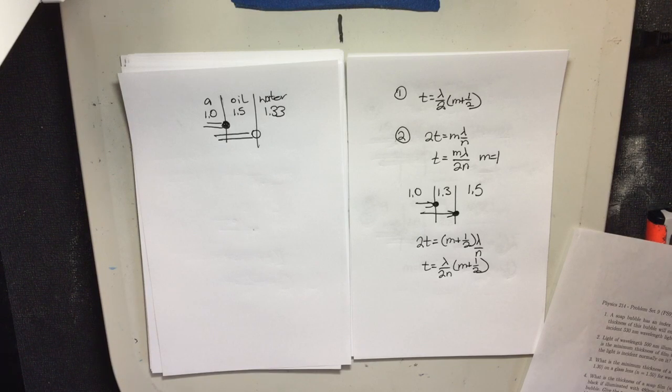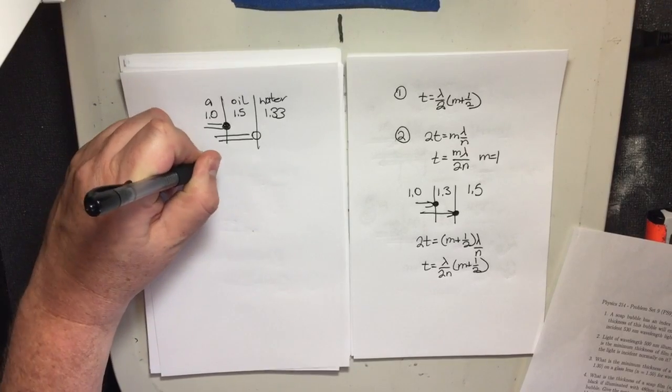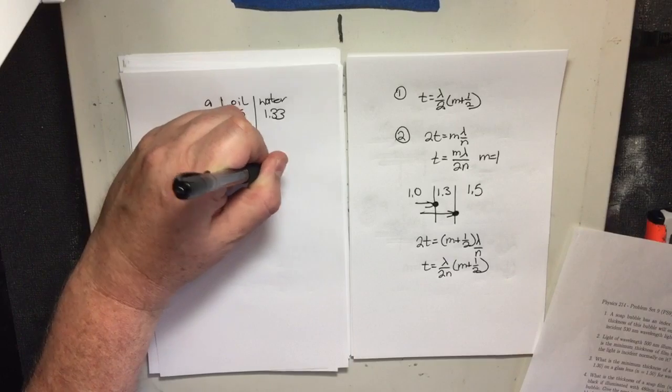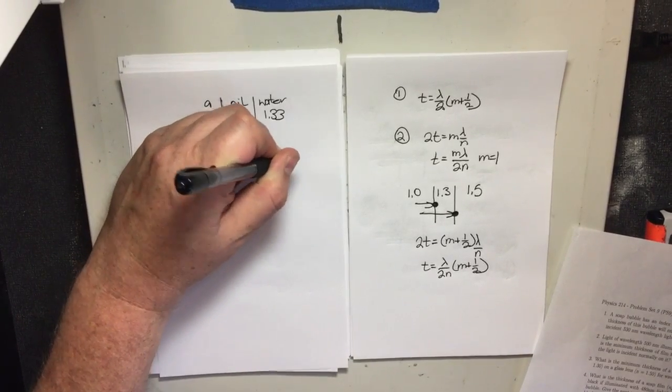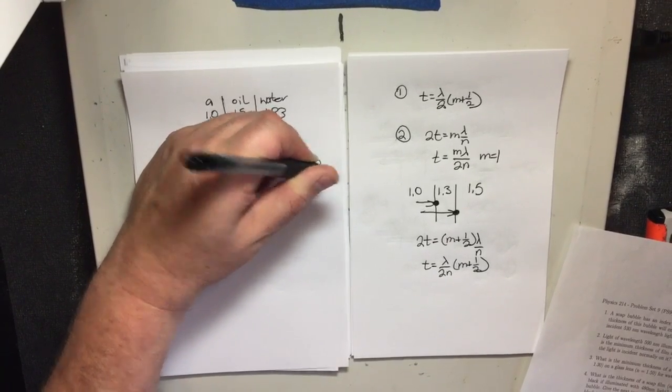Only light of wavelengths 650 nanometers and 390 nanometers appears bright. So 650 nanometers and 390 nanometers.